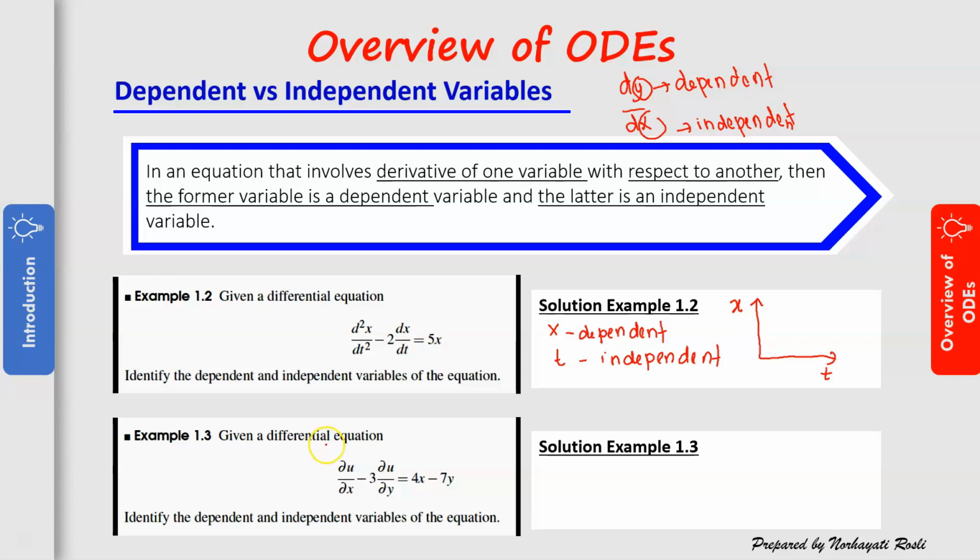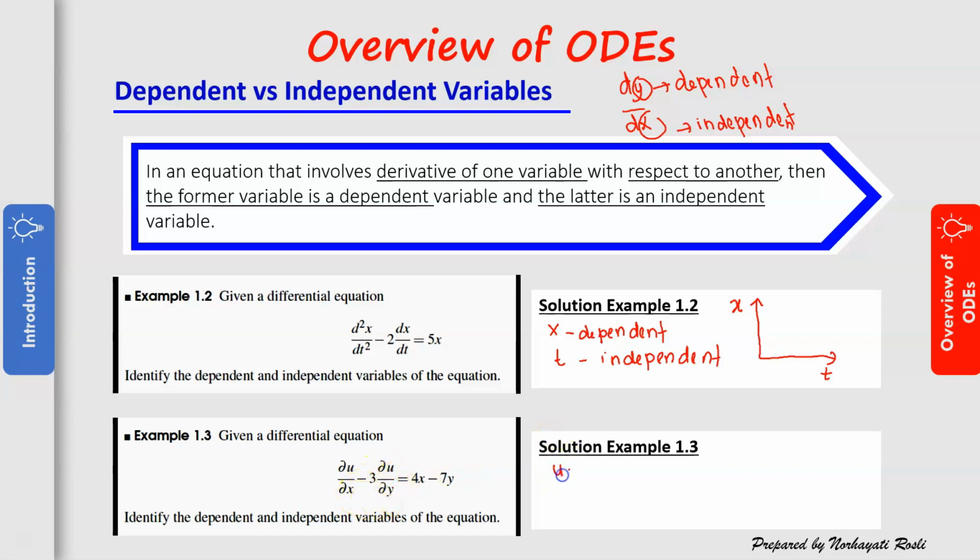And then we go to this example. We have this kind of differential equation, but this one is not an ODE. It is a PDE. So identify the dependent and independent variables of this equation. If you see here, you have the variables u, x and y. In this case, we have the derivative of u with respect to x and y.